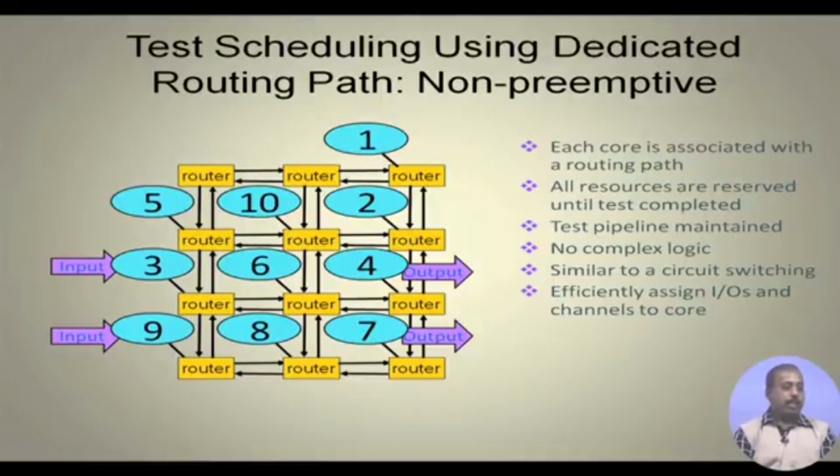Test pipeline can be maintained, because once these test patterns are going through these routers, the test patterns can be sent in a pipeline fashion. Individual routers use something called wormhole routing, where a packet traverses through the network in a serial fashion.